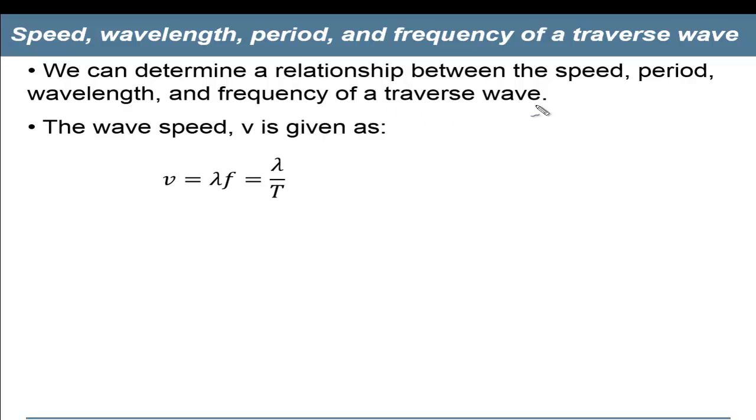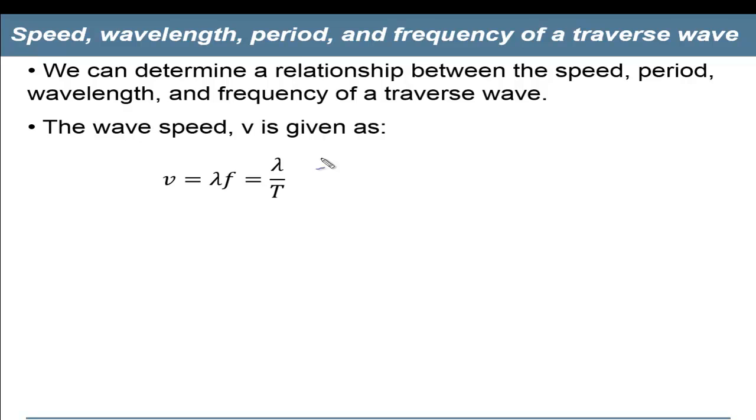So the relationship between them, the wave speed, the rate at which the waveform travels along the medium, v, is given as v equals lambda f, or the wavelength times the frequency, or it's the wavelength divided by the time it takes. So that's lambda over T. So it's the length over time, right?